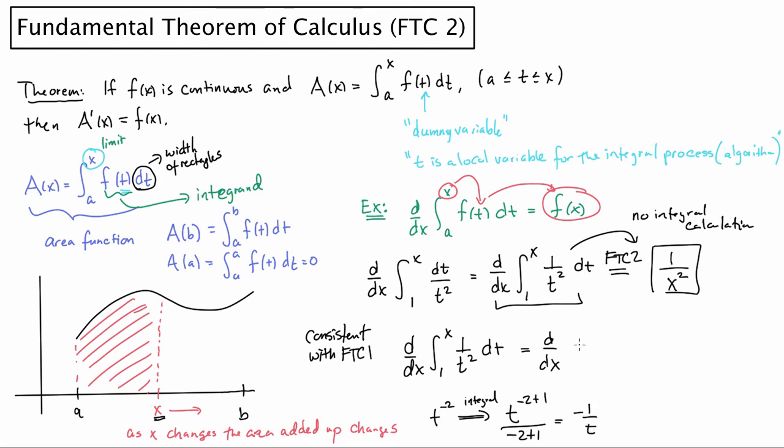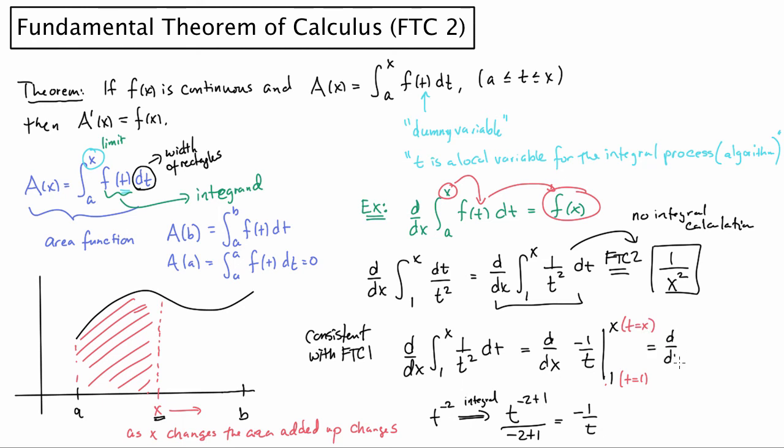So I know that this is the function negative 1 over t, and I'm going to evaluate it from 1 to x. And so keep in mind that this 1 to x is evaluated from t equals 1 to t equals x. So I'm still not done with that intermediate dummy variable yet.